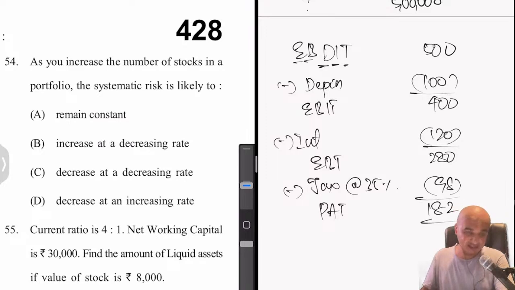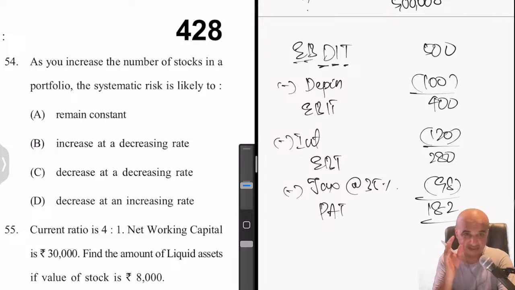A portfolio has five stocks, let's assume now it has 10 stocks. As you increase the number of stocks, the systematic risk is likely to remain constant, increase at a decreasing rate, decrease at a decreasing rate, or decrease at an increasing rate. What is systematic risk?